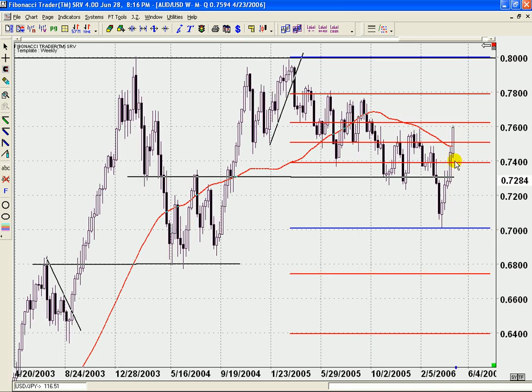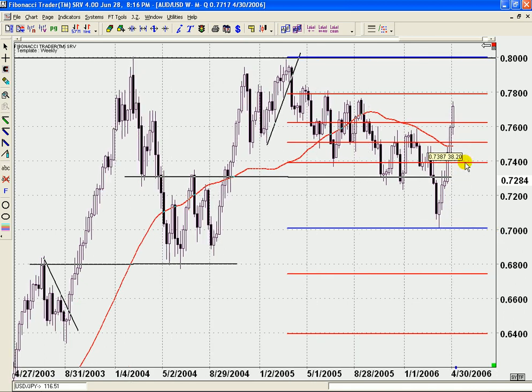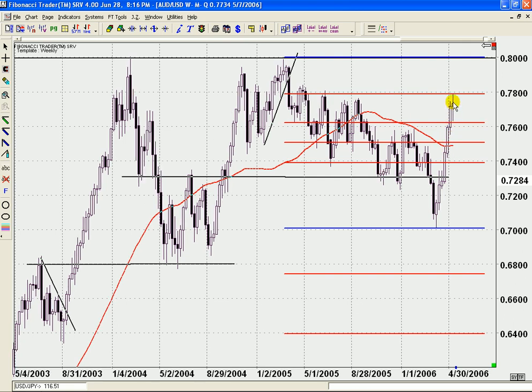The market comes up and bounces. Actually, on a daily chart, you can see it quite clearly. You can see the bounces on the retracement at each of the Fibonacci levels. And we come right up to the 79% level, very close to this high.